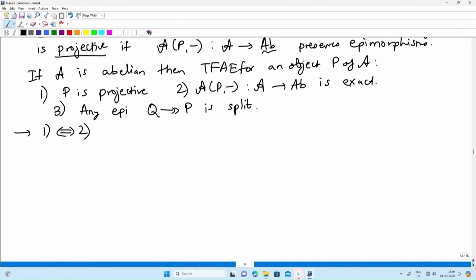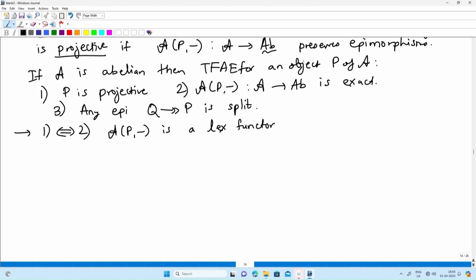So this functor is always lex. It always preserves limits, kernels. So Hom(P, -) is a lex functor. Home functor always preserves limits.